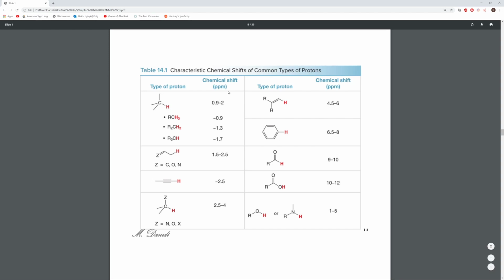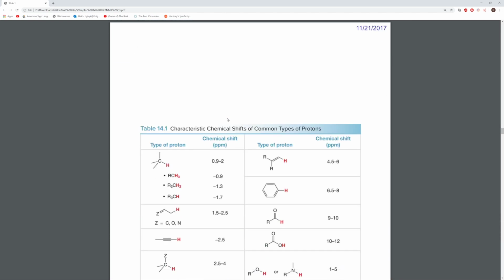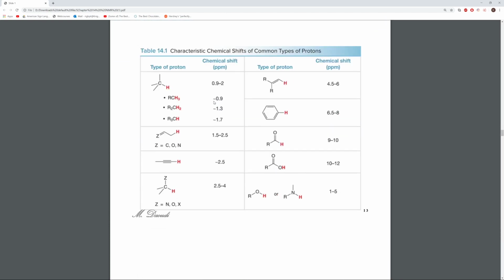Like if we look at just the first one on the top left, with the carbon attached to different alkyl groups, like a primary carbon, a secondary carbon, a tertiary carbon. If you look here, the primary carbon is the most shielded because it has the lowest number.